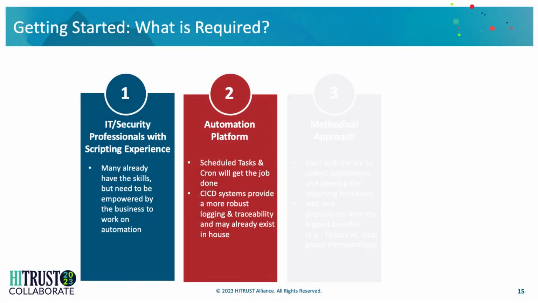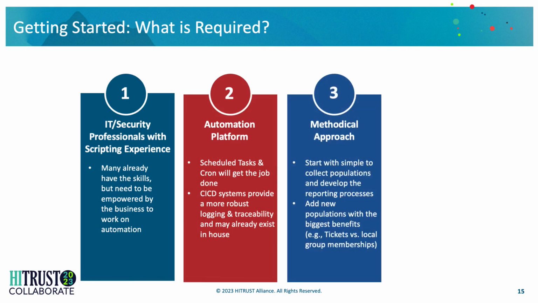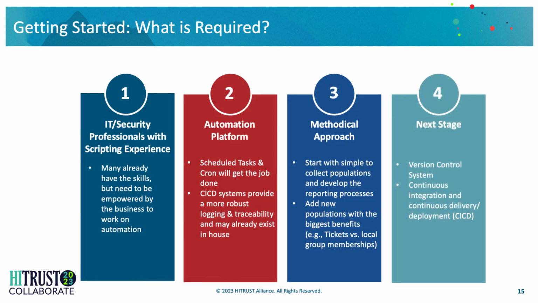So the last two sections are about being methodical, starting with things that you can get easily, and then saying, I want to add more. I see value in being able to connect this data with that data, having a plan. The last one, this is where things really shine, is having something like a continuous integration, continuous deployment system, CI/CD.